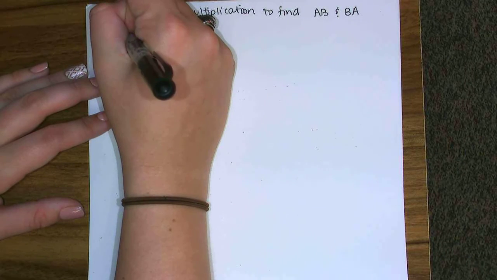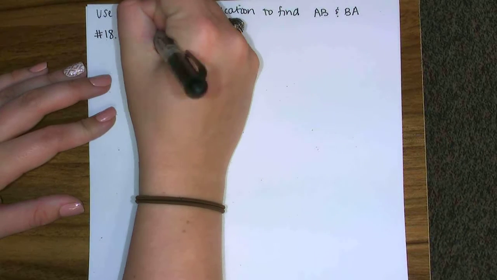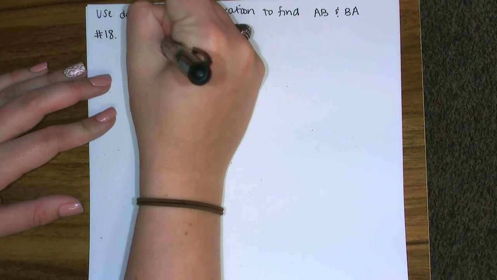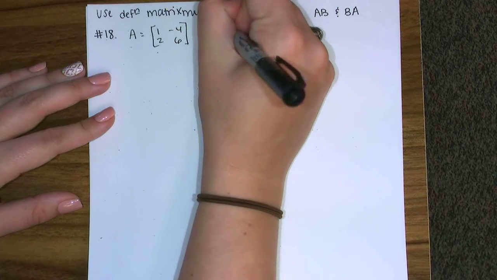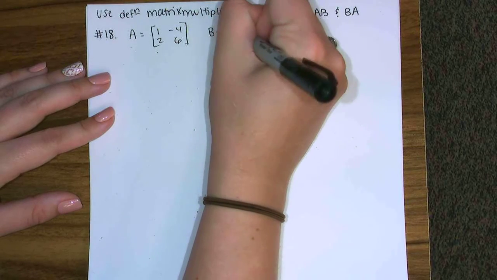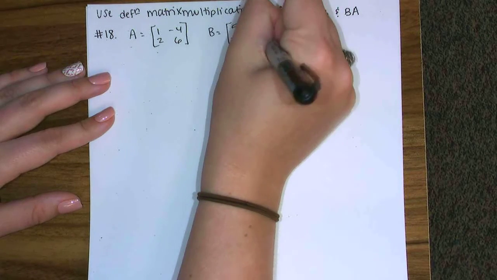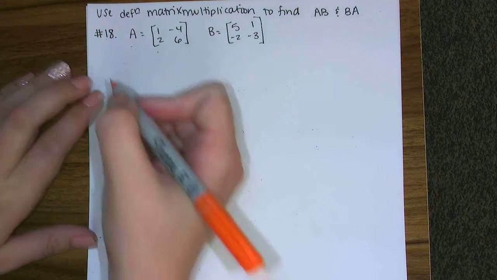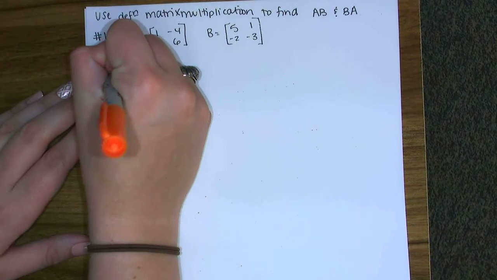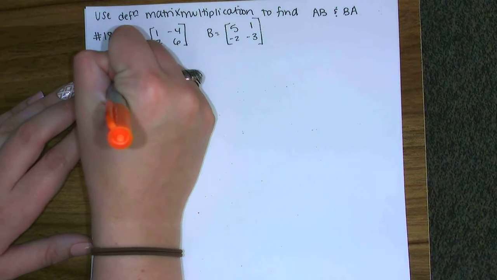So 18, we have matrix A is 1, negative 4, 2, 6. B is 5, 1, negative 2, negative 3. Alright, so I already know that I have a 2 by 2 and a 2 by 2, so when I go to do AB, I know I have 2 by 2 and 2 by 2.